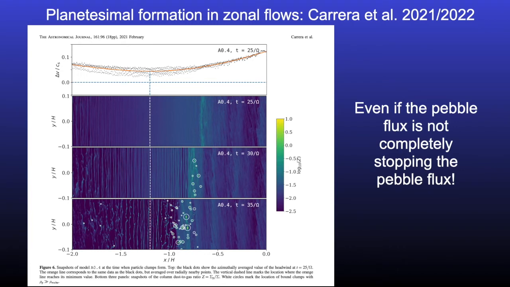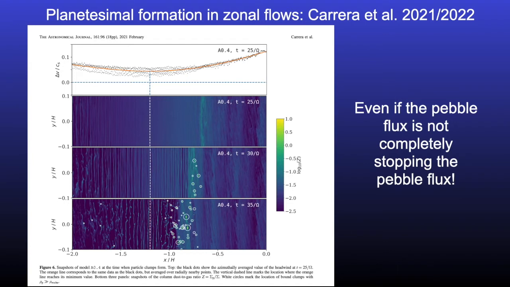And Daniel Carrera has been investigating in a nice collaboration what happens to pebbles drifting through such pressure bumps. You see here the pressure bump structure. The radial drift velocity is smaller than far away from the pressure bump, indicating that here is the pressure maximum, but it's not strong enough to trap all the particles, but they are changing their drift velocity.